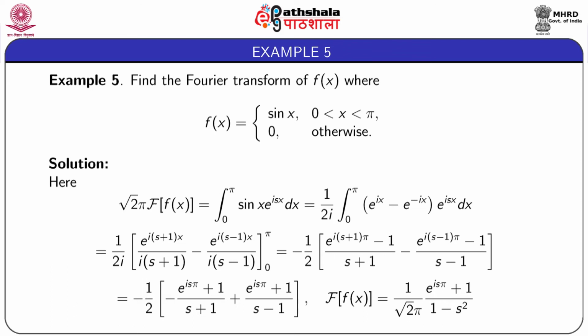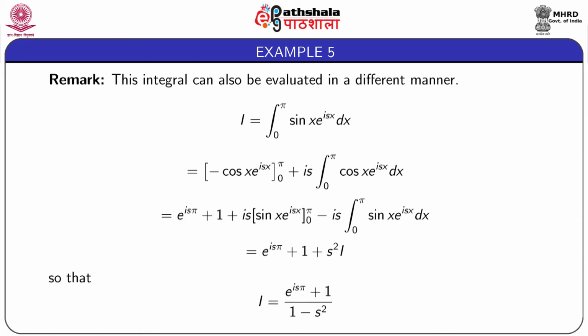The Fourier transform of f x contains this integral, which can be evaluated by simply applying integration by parts to get I equal to minus cos x e to the power I s x from 0 to pi plus I s integral 0 to pi cos x e to the power I s x dx, which is equal to e to the power I s pi plus 1 plus I s into sin x e to the power I s x, x ranging from 0 to pi, minus I s integral 0 to pi sin x e to the power I s x dx.